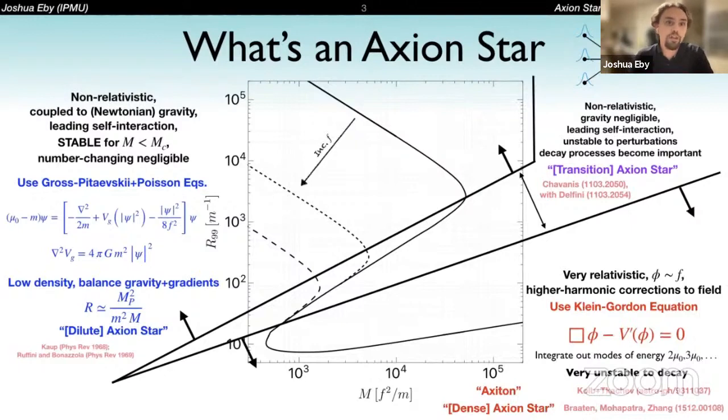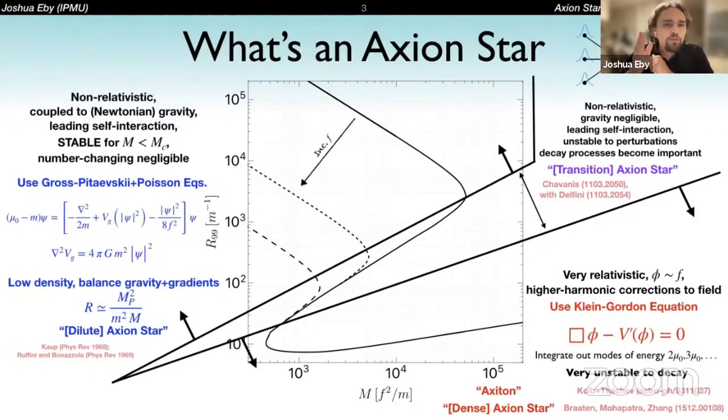You need to return to the full Klein-Gordon equation. And what people have done, some people do simulations of the full Einstein-Klein-Gordon. But as I'll explain, you can use a perturbative approach basically to integrate out the high energy modes in terms of the back reaction on the low energy axion physics. And you can do this perturbatively.